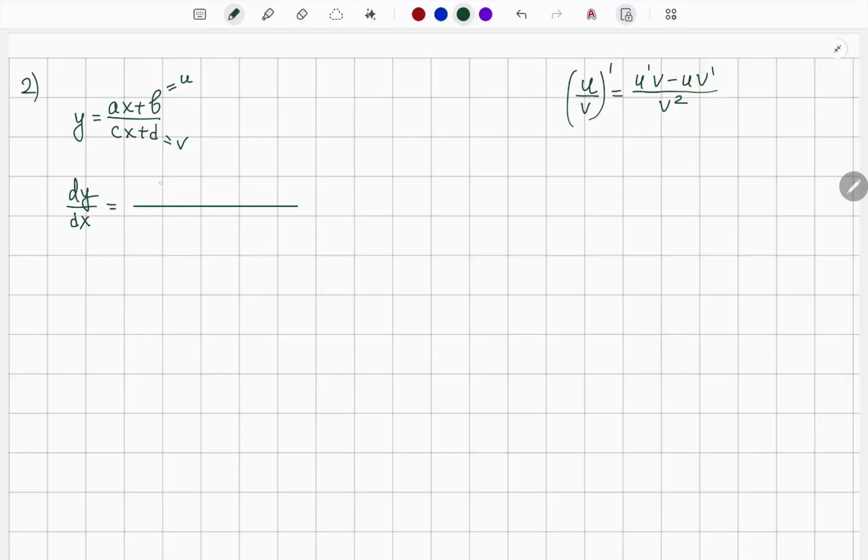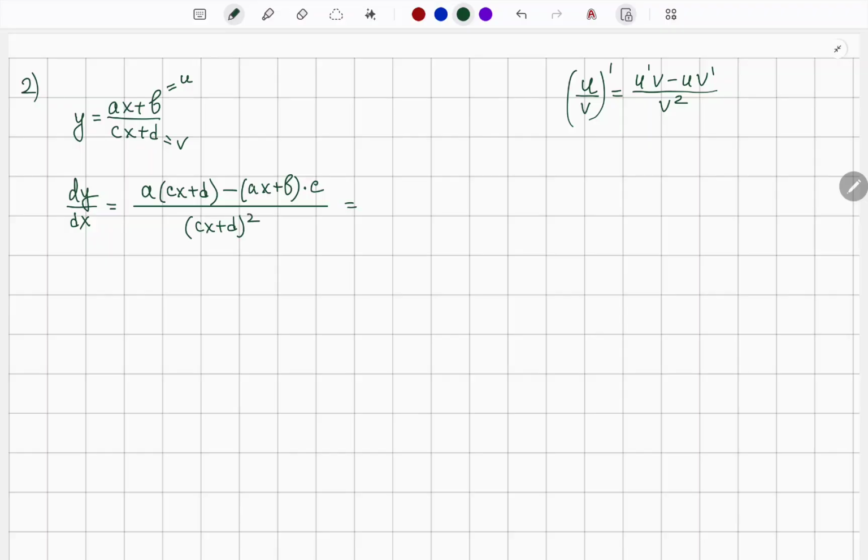Okay, so u prime, look at this, it's a linear function. Its derivative is a. We multiply by v, cx plus d, minus u, which is ax plus b, multiplied by v prime, which is c. Then you divide by the square of the denominator, cx plus d, everything squared.